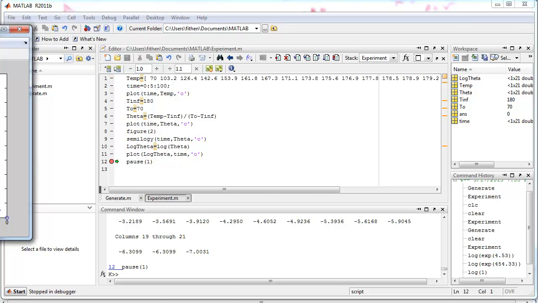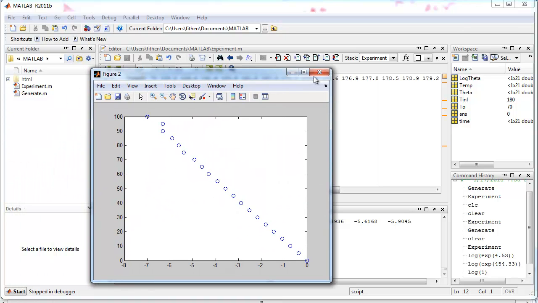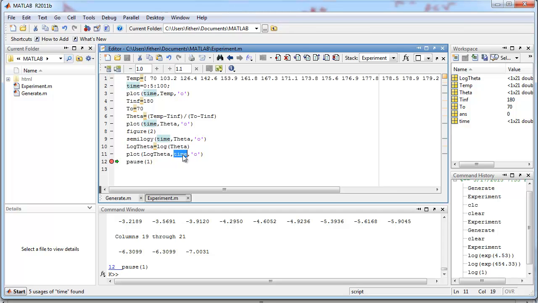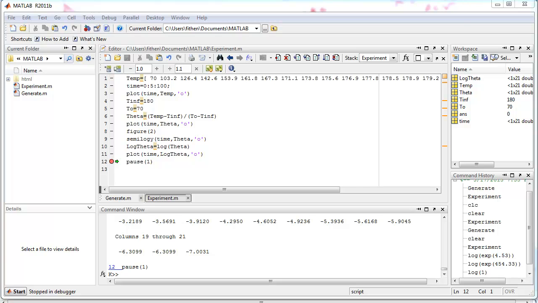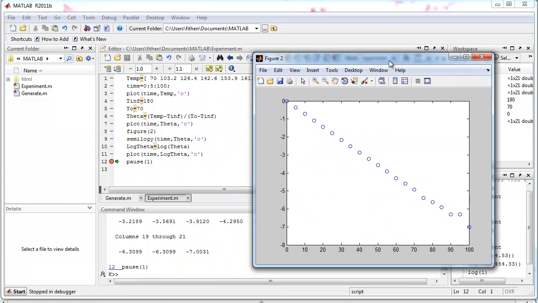At first glance, I thought I made a mistake, but I did something foolish. I should have put the time here. Now let's try it. Okay, so that looks like the plot.